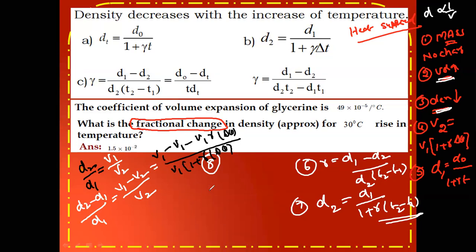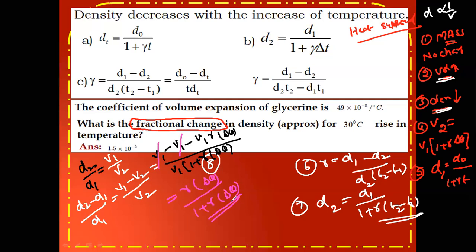So here v1 and v1 you can cancel out. The final formula you will get is gamma into delta theta upon 1 plus gamma into delta theta. Calculation only.